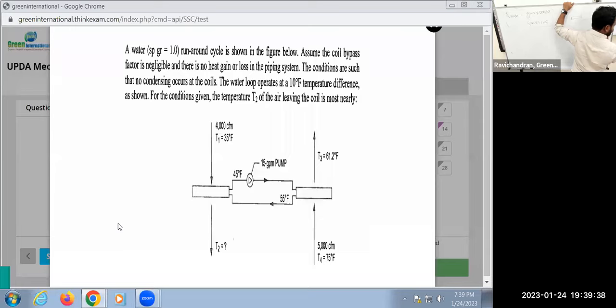CFM and T4 is equal to 75 degrees Fahrenheit. T3 is 61.2 degrees Fahrenheit.